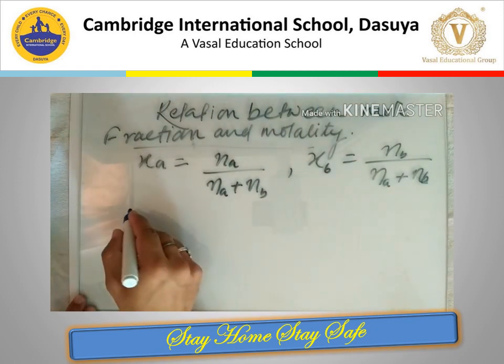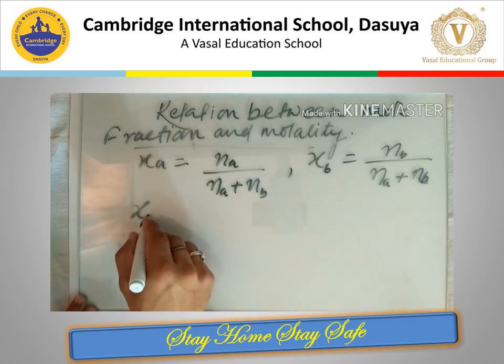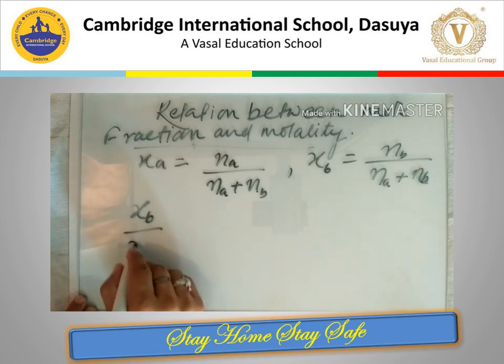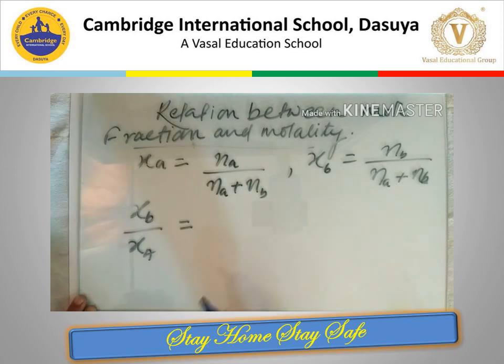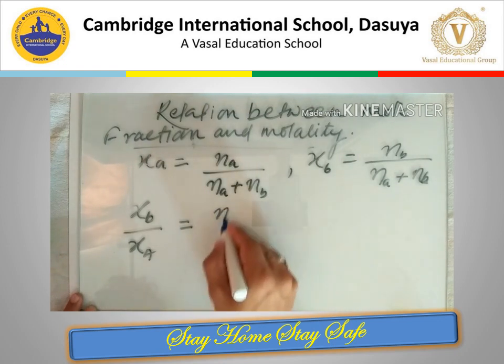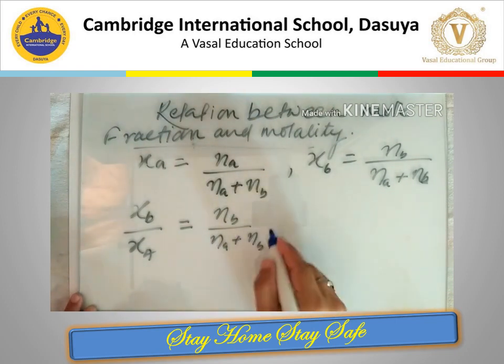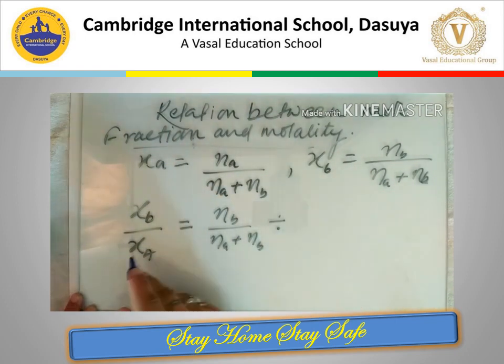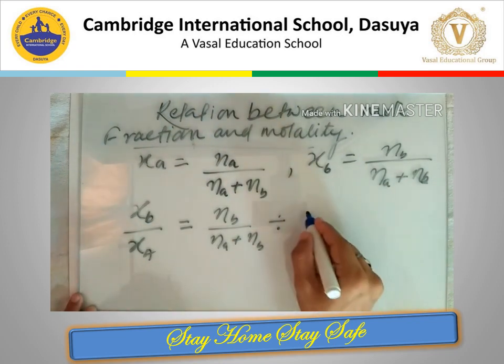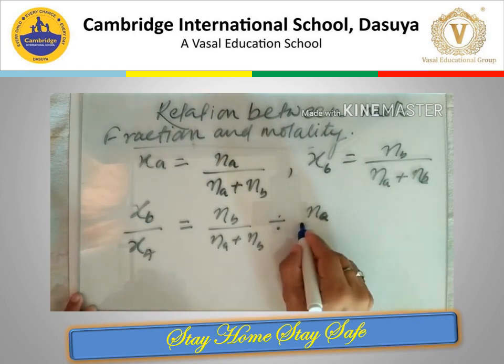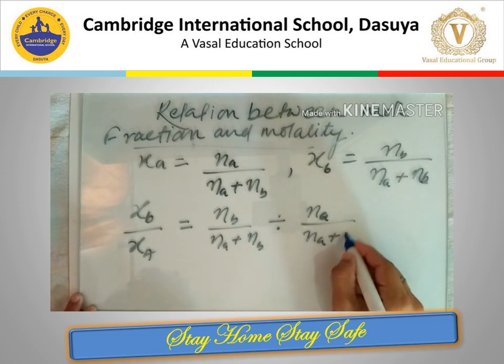Okay. Let us suppose we have taken chi B upon chi A. This will be equal to NB upon NA plus NB, divided by chi A, meaning NA upon NA plus NB.